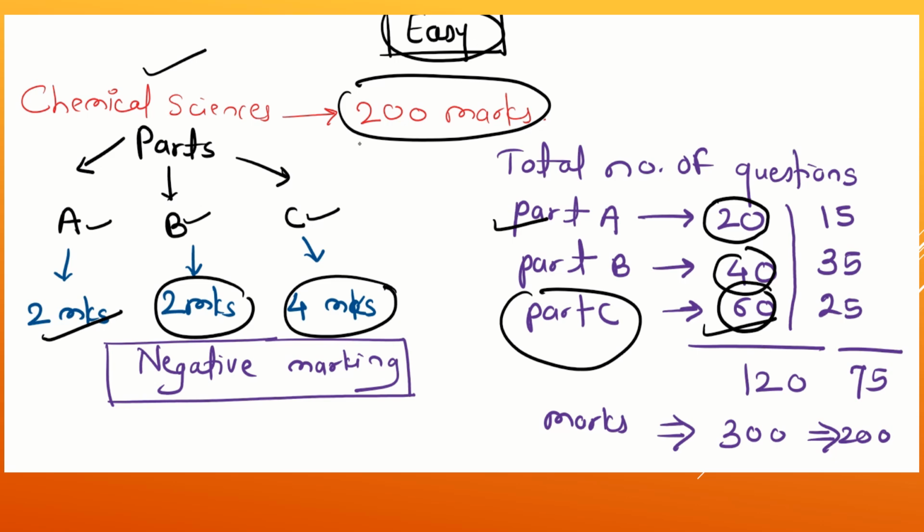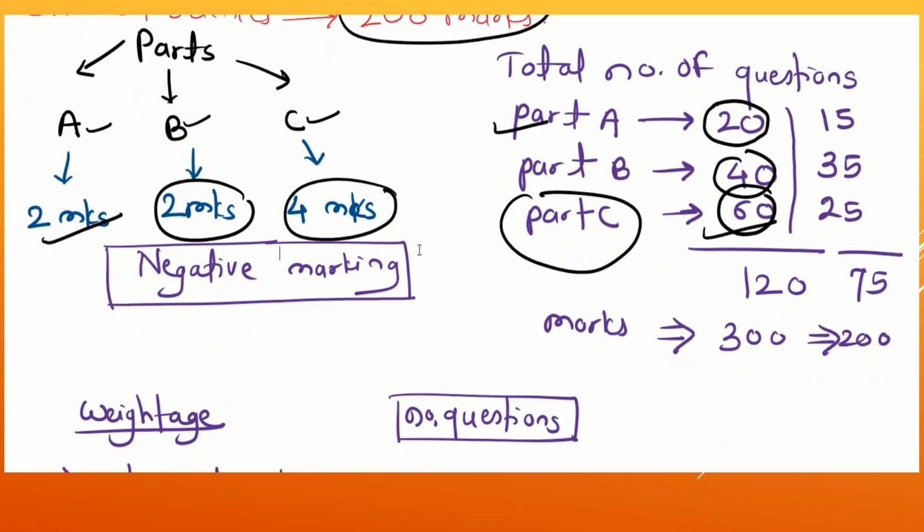Before moving to the negative marking, we have to understand how many questions we have to solve. After adding this up we get 120 questions, and if you count the marks together, you will get 300 marks, but actually this exam has 200 marks.